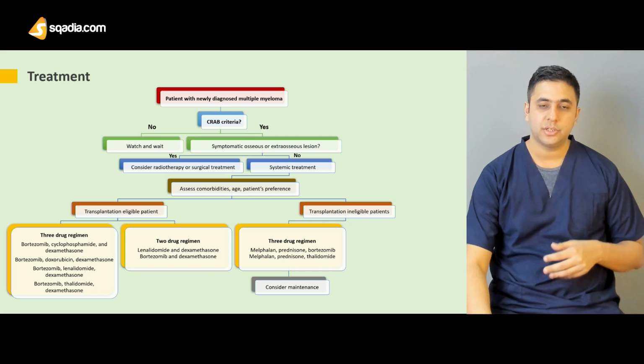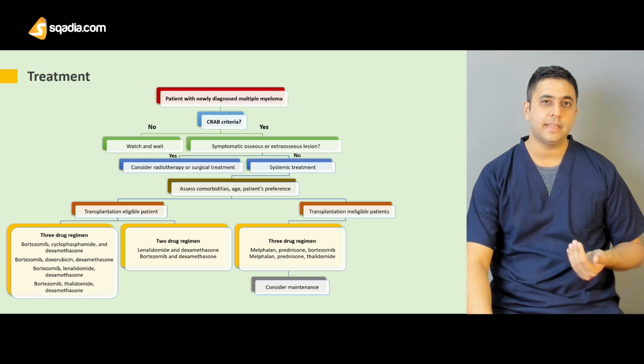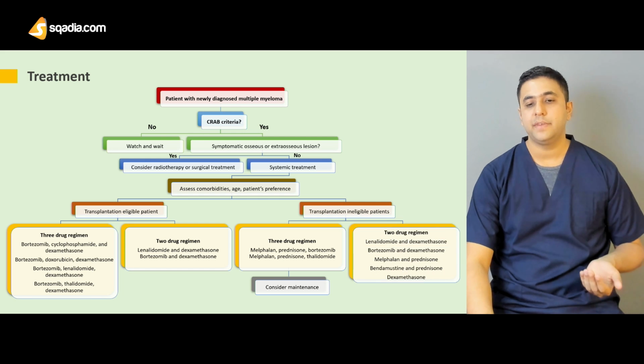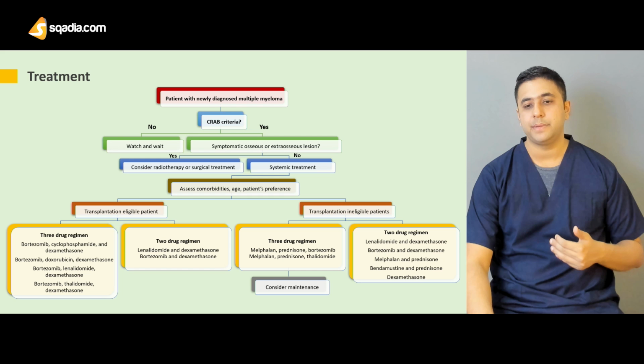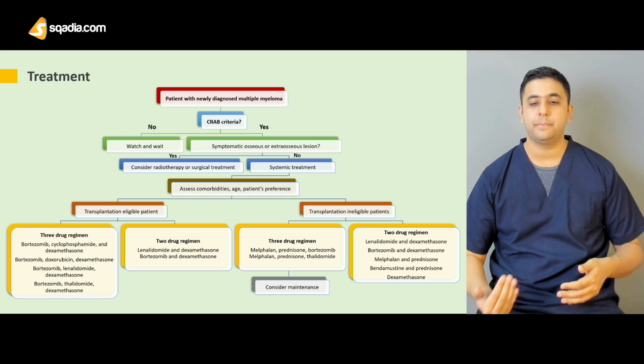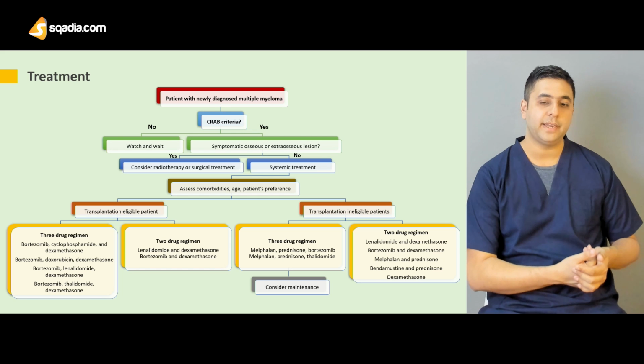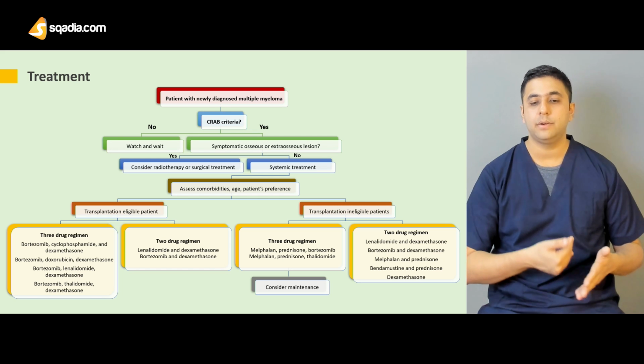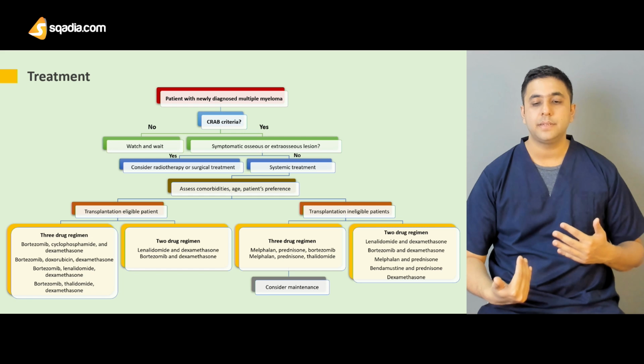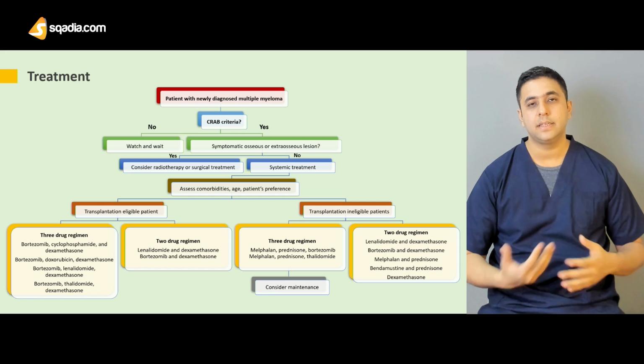We have to maintain the patient on this 3-drug regime if the combination helps the patient. Or we can switch the patient to a 2-drug regime in which, along with dexamethasone or prednisone, we add a chemotherapeutic agent like bortezomib, lenalidomide, melphalan, bendamustine, or thalidomide or any other combination.